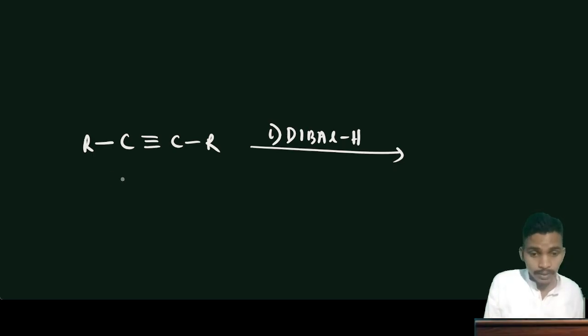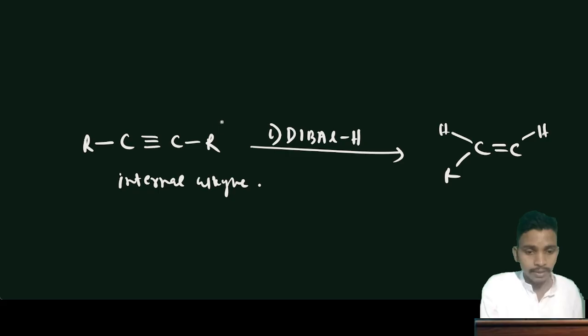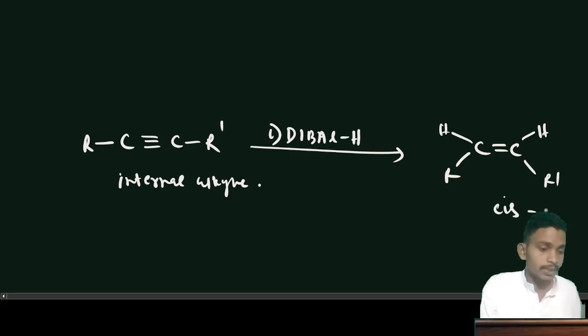Since this is an internal alkyne, it will convert into cis alkenes, meaning the double bond of C, here will be H, here will be H, and here the R groups. It will convert into the cis alkene.